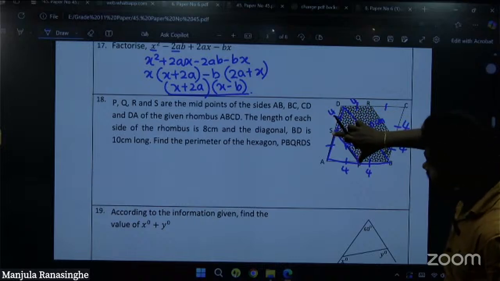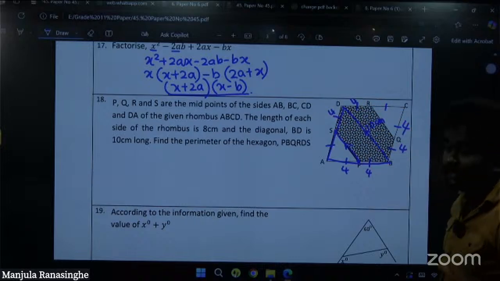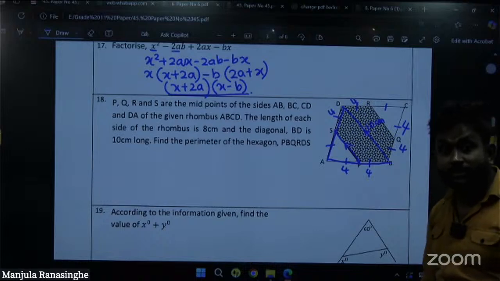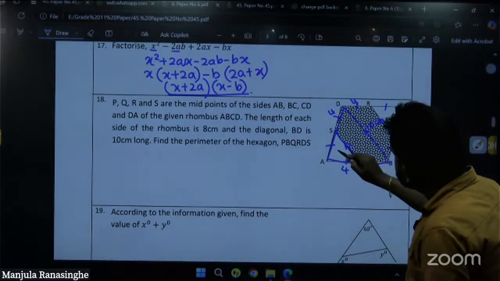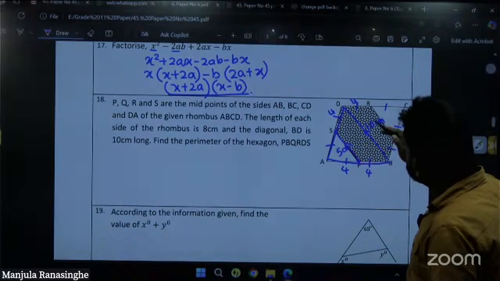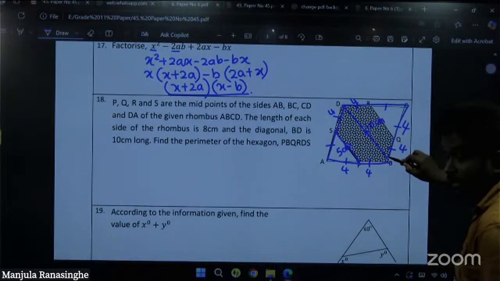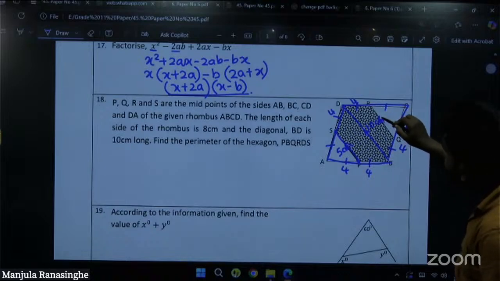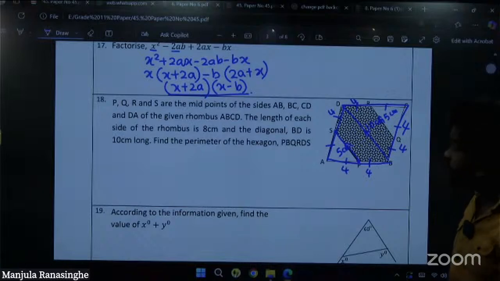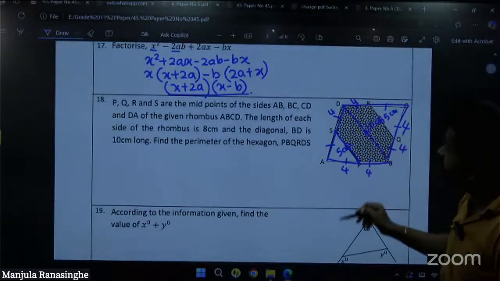Half of DB equals PS. What is that? Midpoint theorem. So here 10, then here it comes as 5. Similarly, in the other way, apply the midpoint theorem to the DCB triangle, two midpoints connected, then half of 10 is 5 centimeters there.